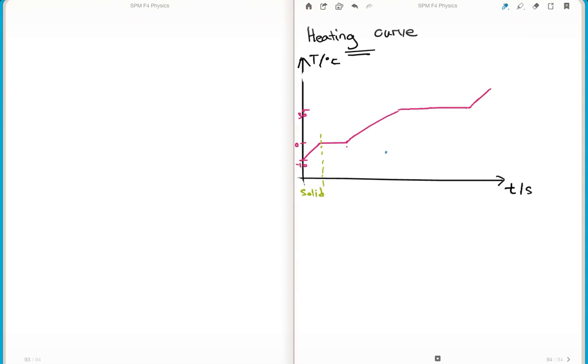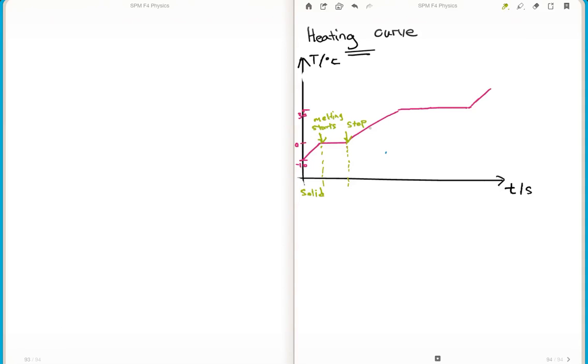Heating followed by when the temperature does not increase. This is what you call fusion. This one here, the melting starts here, and here would be where the melting stops.